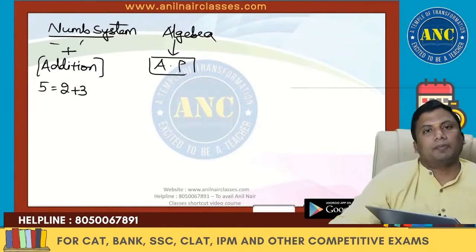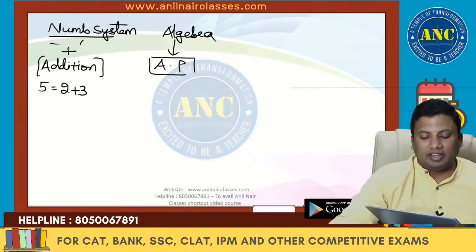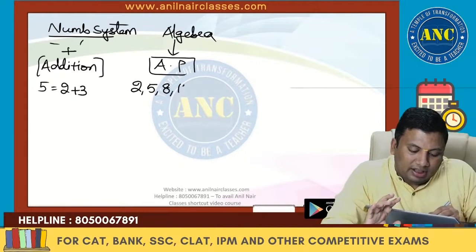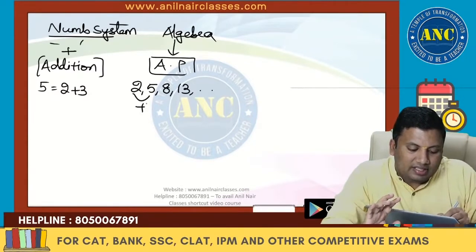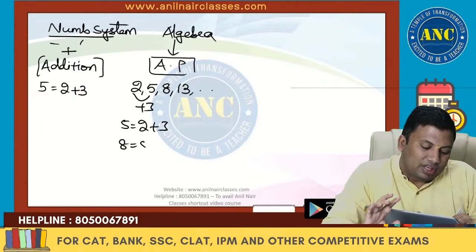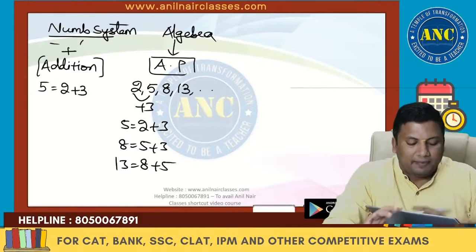Arithmetic progression is a progression where the difference between the terms is constant. For example, 2, 5, 8, 13. Here 3 is added. 5 is 2 plus 3, 8 is 5 plus 3, 13 is 8 plus 5.